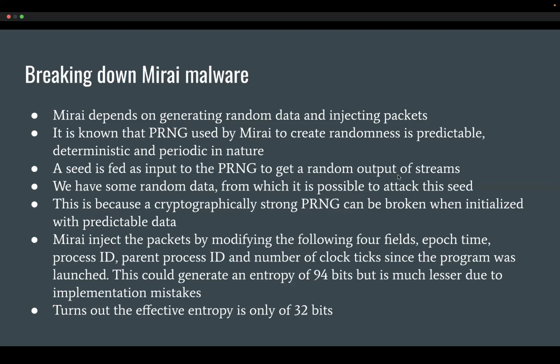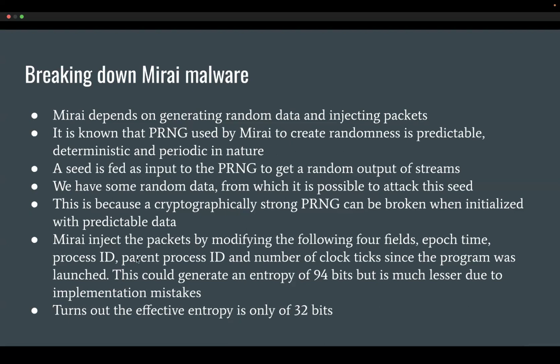Thus, if we get access to a Mirai packet, if we get these random values, we can attack this seed, find out its value, and hence we can predict what the other next random value could be. And then, even before the device gets infected, we can predict that this particular device may be infected by Mirai. That is one of the major flaws of Mirai, and this happens because PRNG, it's a computer, it's an algorithm, and therefore it will generate predictable data.